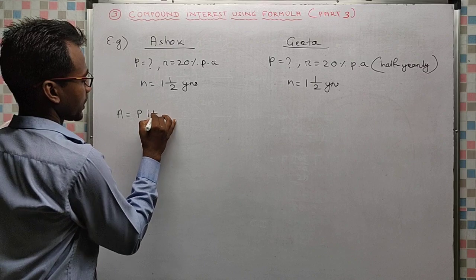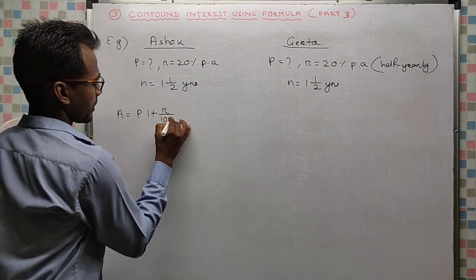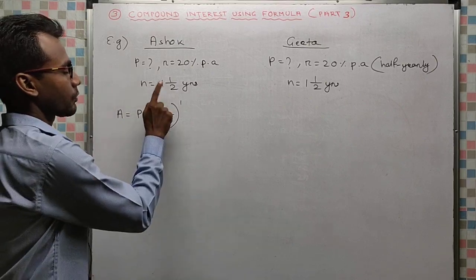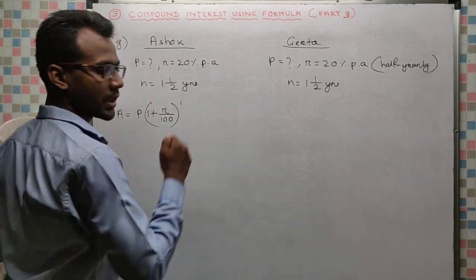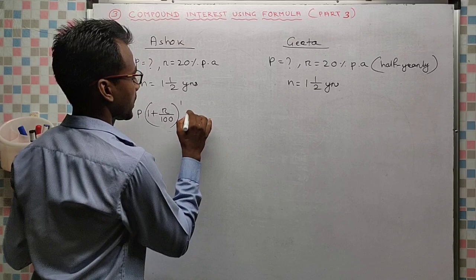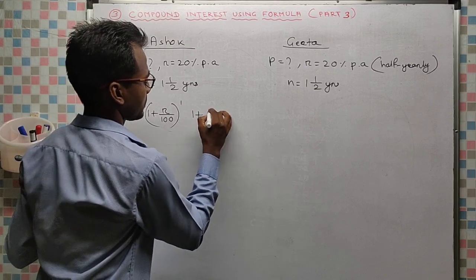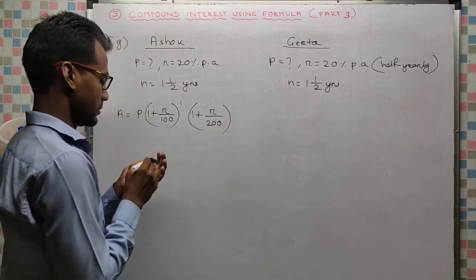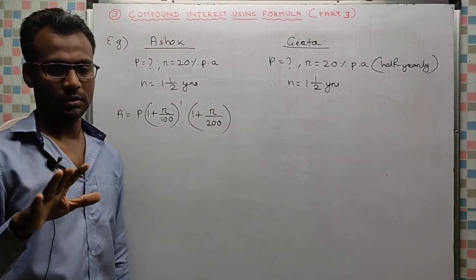P into 1 plus R by 100 power 1, for 1 year. Then for the remaining half year, 1 plus R by 200. The rate will be half because it is half year.